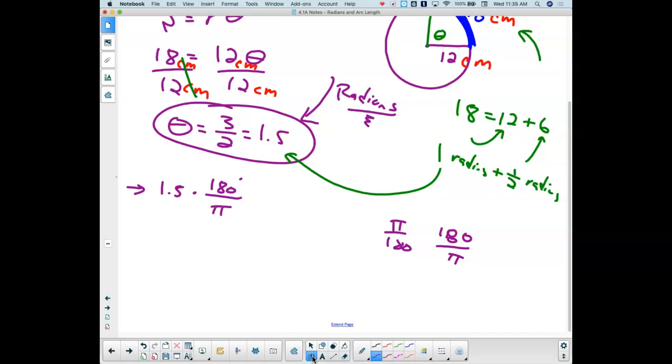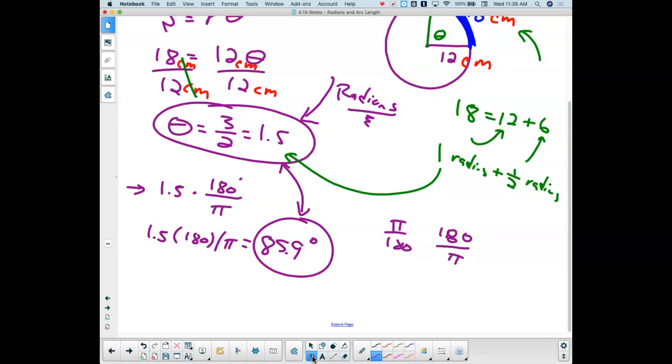Now to get this, I'm going to take out my handy dandy calculator and go 1.5 times 180 divided by pi, and when I hit that on my calculator, it's going to spit out 85.9 degrees. So there's my other one. So we should have 2 answers to that.